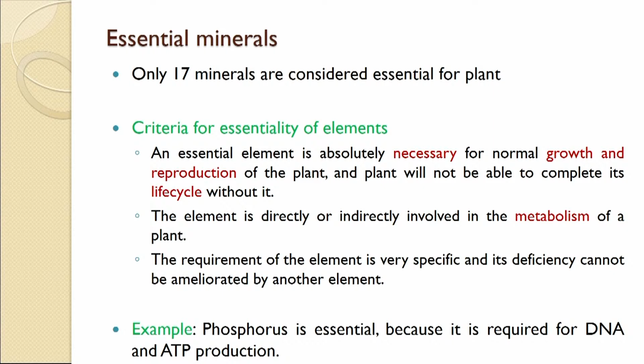The first criterion is that an essential element is absolutely necessary for normal growth and reproduction of the plant, and the plant will not be able to complete its life cycle without it. From this statement you can understand that if one essential mineral is absent in the soil or hydroponic solution, the plant will not be able to complete its life cycle, that means germination, growth and development.